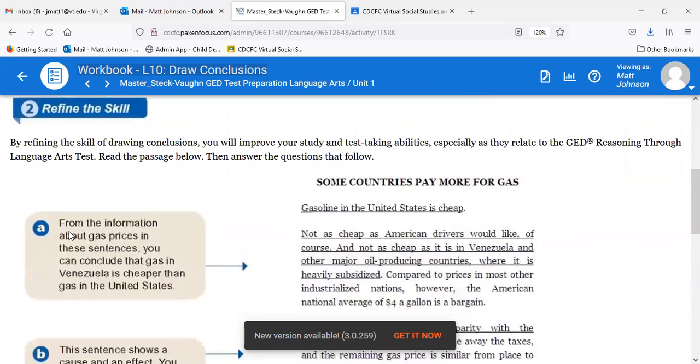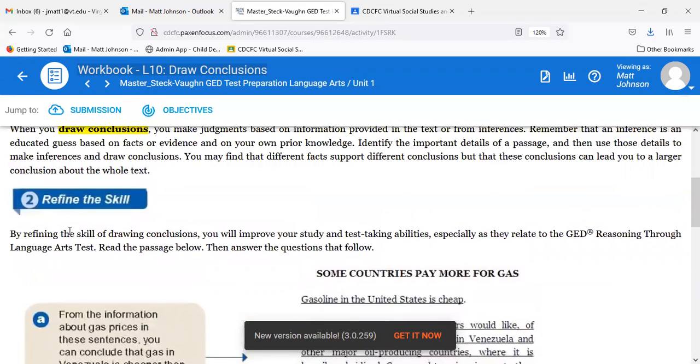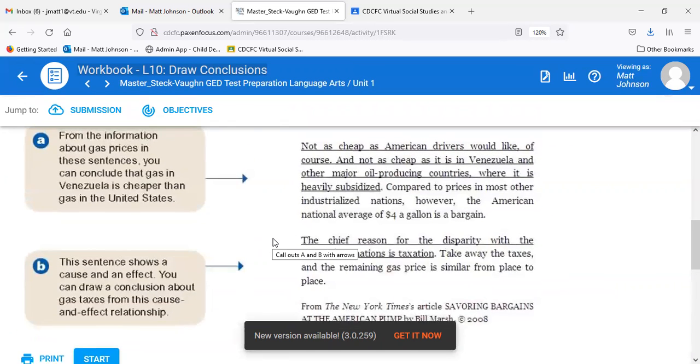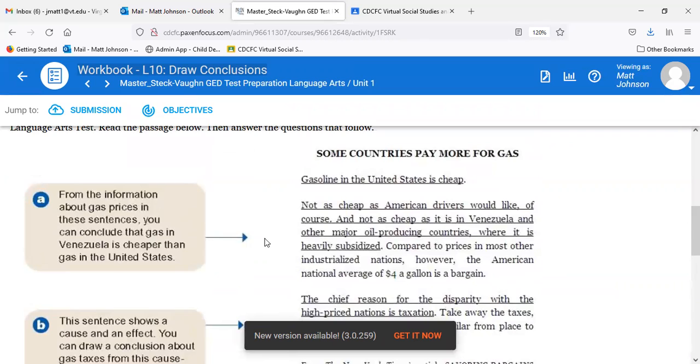And we're back on some countries pay more for gas. So out of the same article by Bill Marsh in 2008, different section. So gasoline in the United States is cheap. Not as cheap as American drivers would like, of course, and not as cheap as it is in Venezuela and other major oil producing countries where it is heavily subsidized.